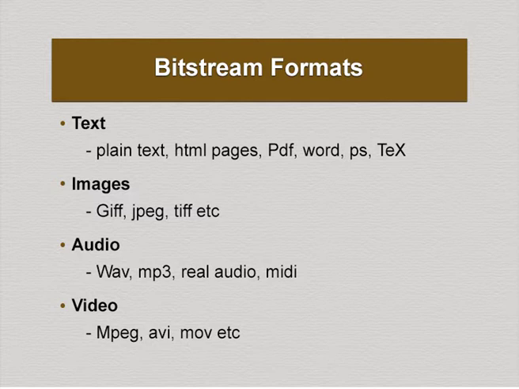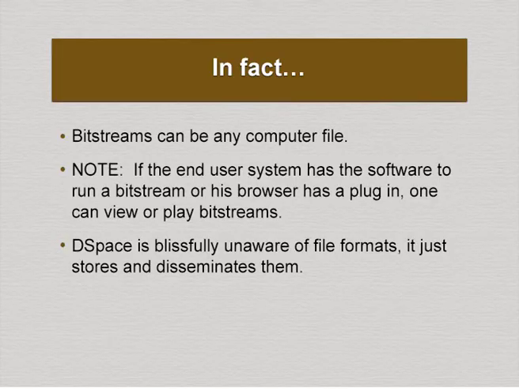Then audio files could be WAV, MP3, Real Audio, MIDI. Then video files could be MPEG, AVI, MOV, etc. So, bitstreams can be in any of these formats, and more than that, of course, there are many formats of various kinds. In fact, bitstreams can be any computer file.